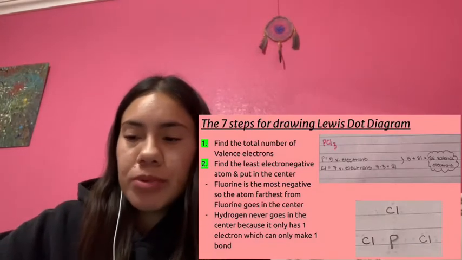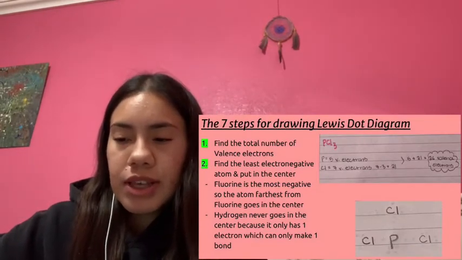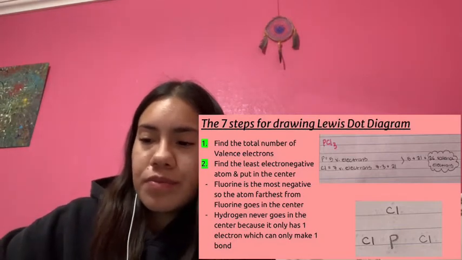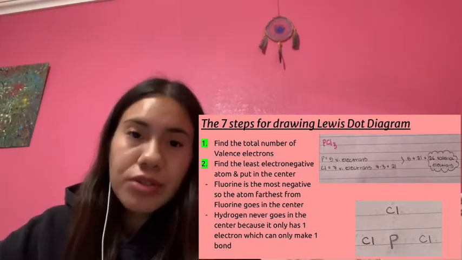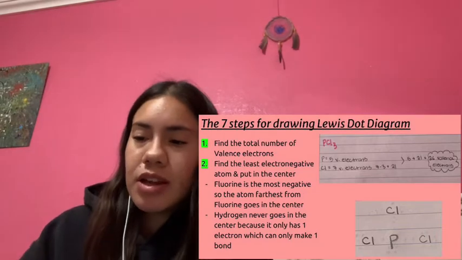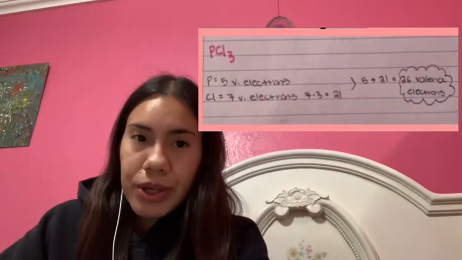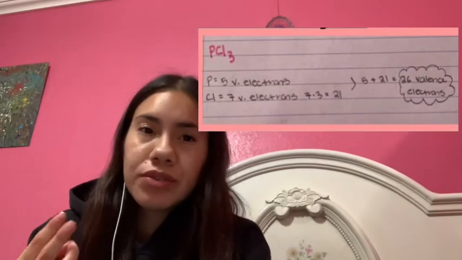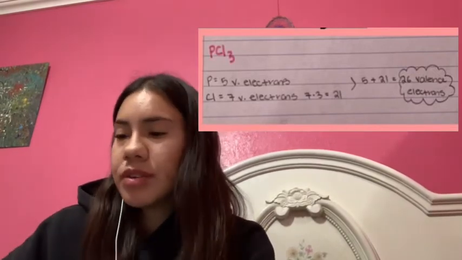The 7 steps for drawing a Lewis dot diagram. The first step is to find the total number of valence electrons. To get a better understanding of the steps, we're going to do the example PCl3, and the 3 is for chlorine alone.